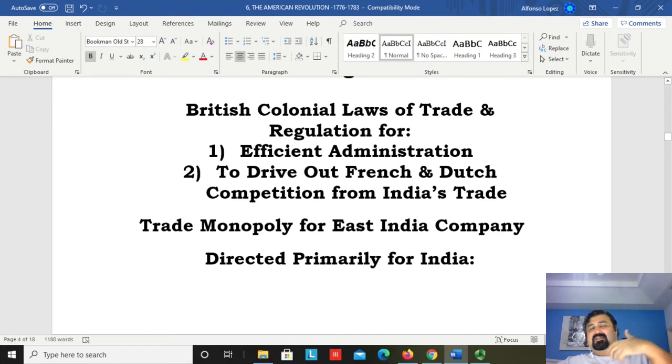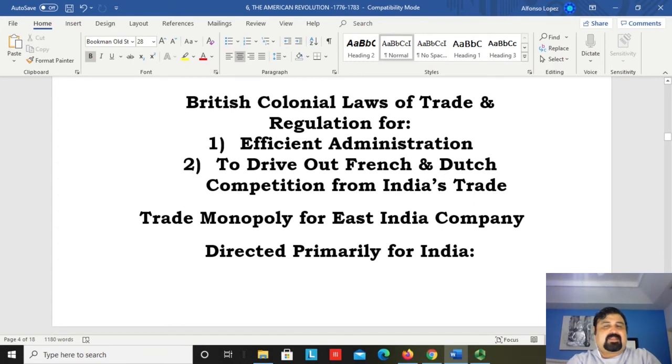And of course, their whole aim is to drive out the Dutch and the French from the Indian trade by making this system more and more efficient. What they're intending to do is prevent the Dutch and French companies from actually obtaining any spices from India, okay?